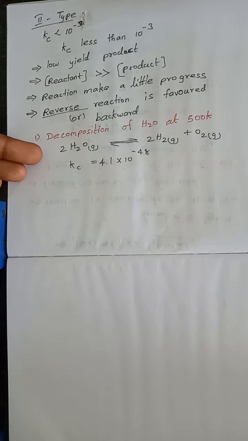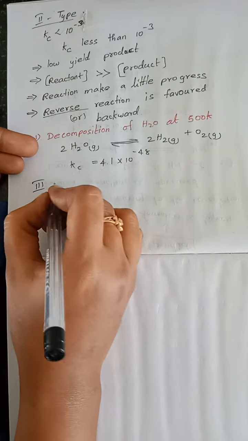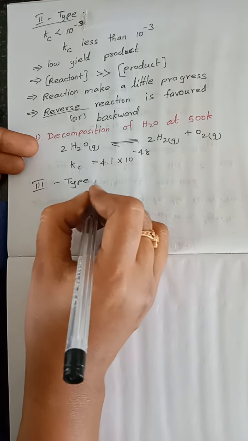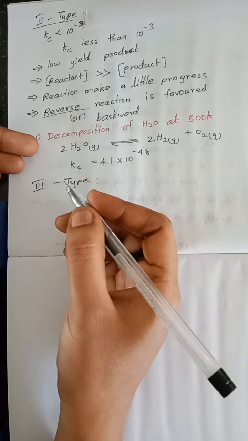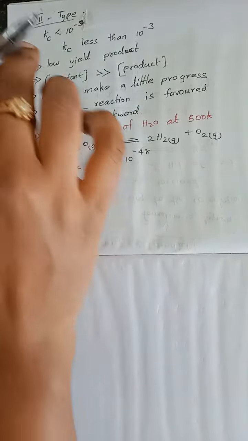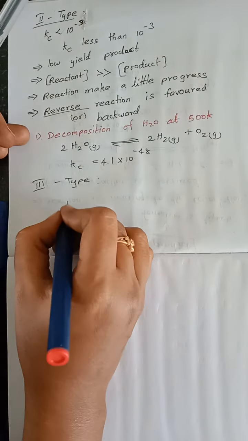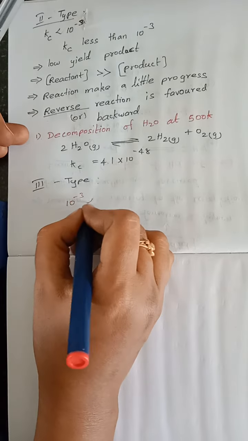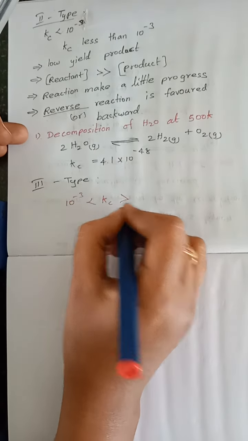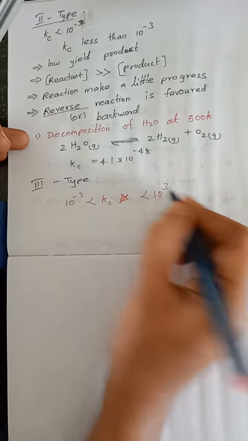So the Kc value is 4.1 into 10 to the power minus 48. Okay. Then the third case. So in this third case, the Kc value is in between 10 to the power minus 3 and 10 to the power 3.